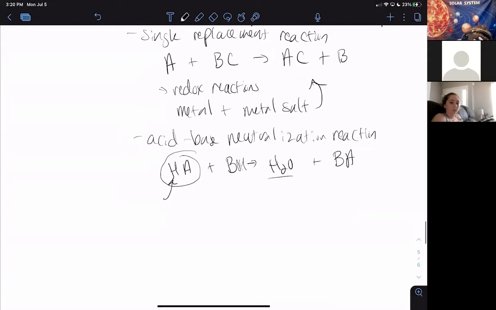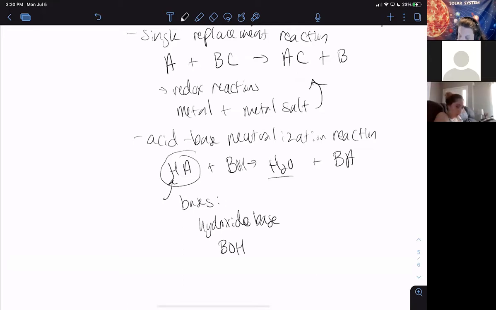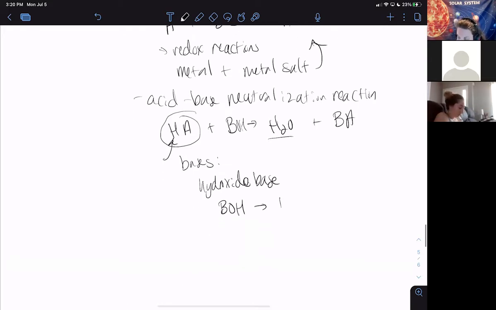But we have different types of bases. We have hydroxide bases, so that would be a BOH. And with a BOH, we're going to produce water and a salt when we react with an acid.